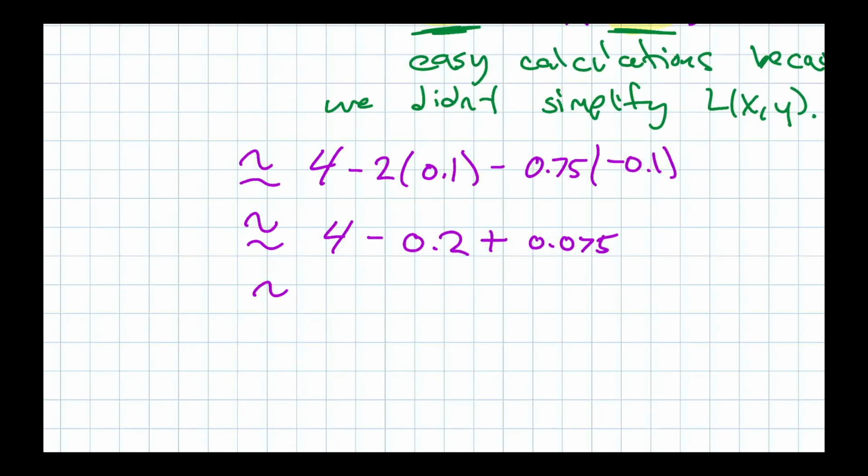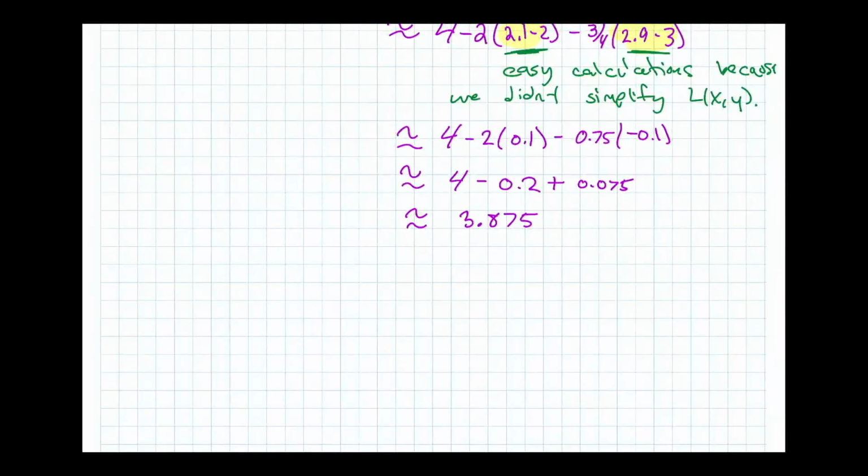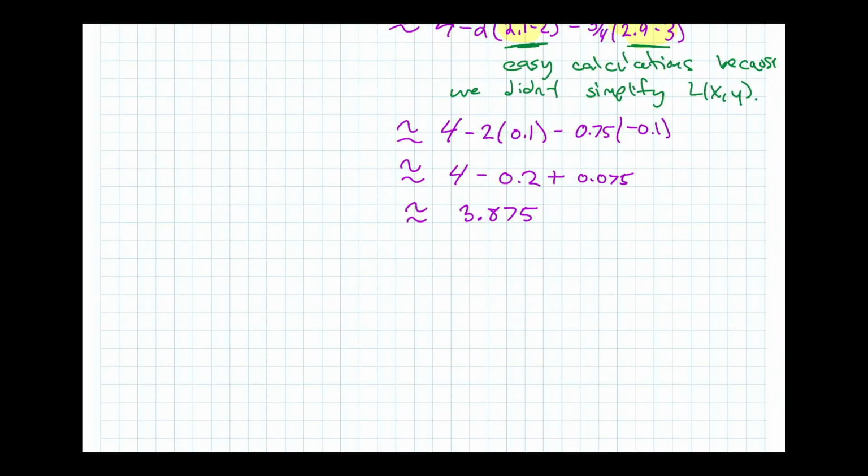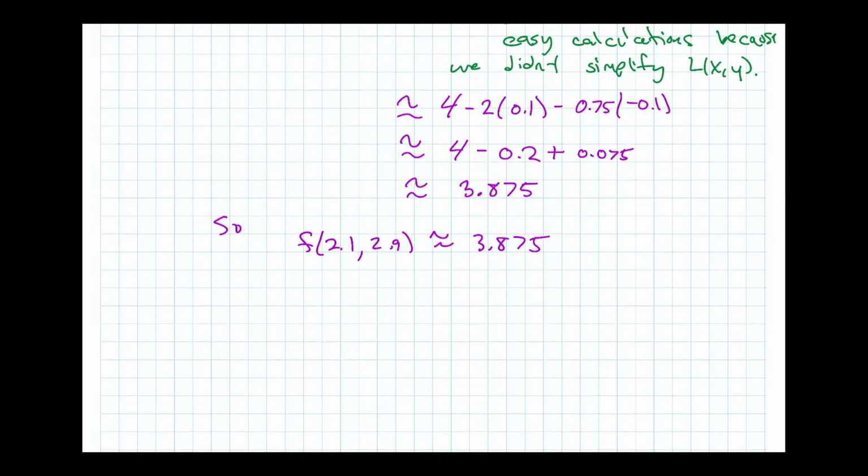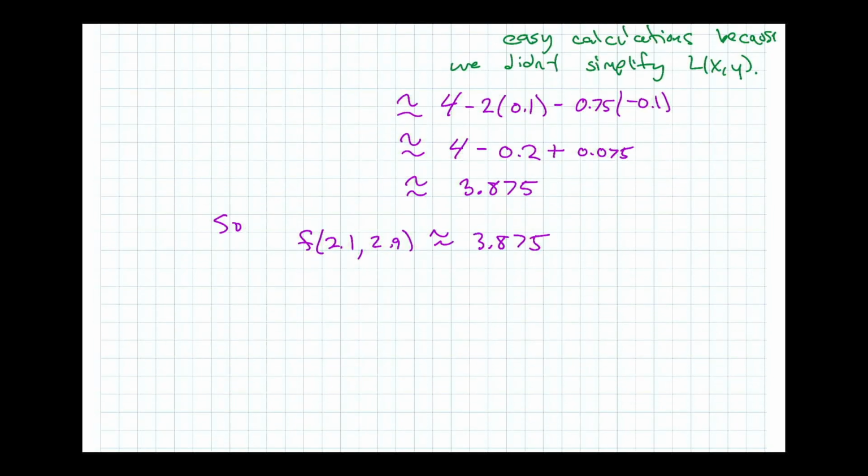So that is approximately 3.875. Make sure we understand what this value is. What we're saying is f of 2.1 comma 2.9 is approximately 3.875. That's not exact, though, but it should be close.